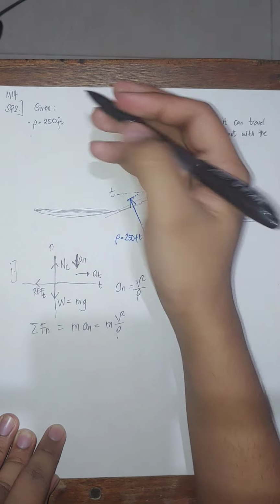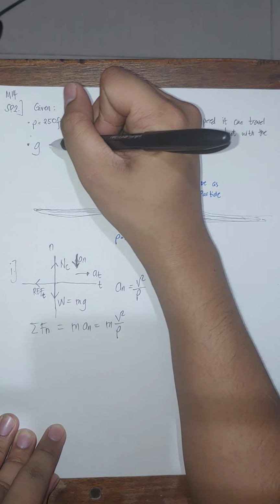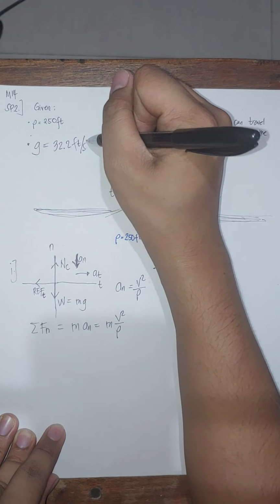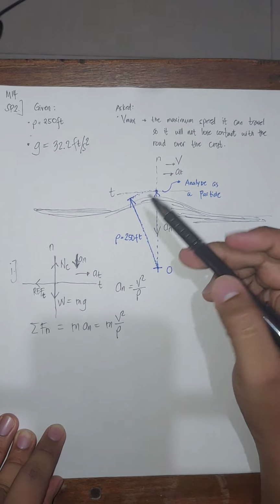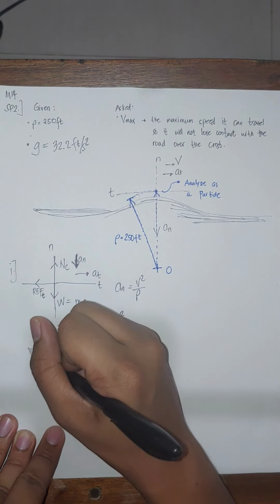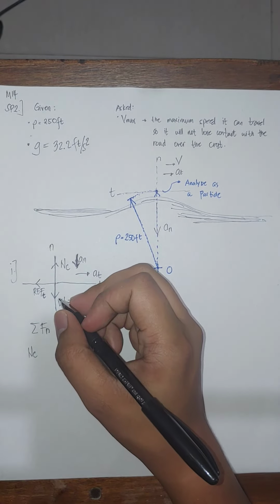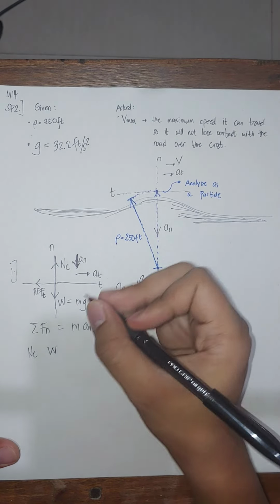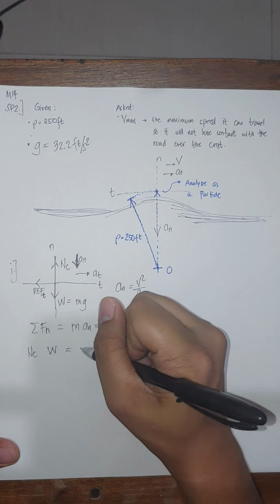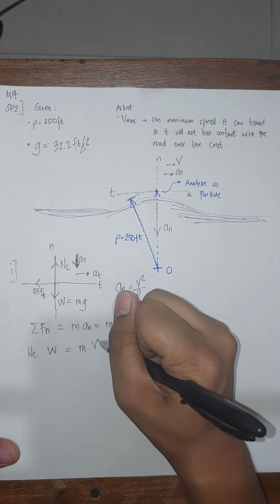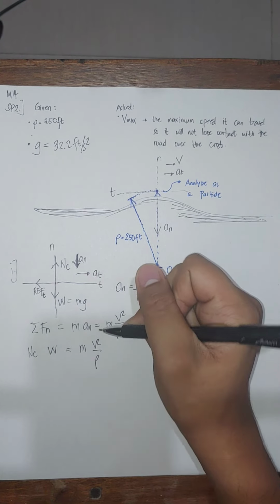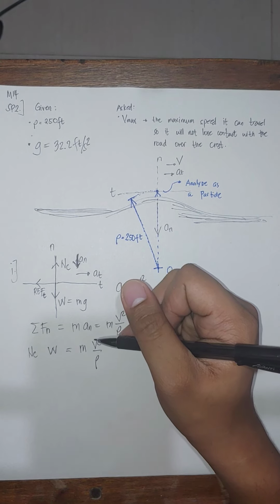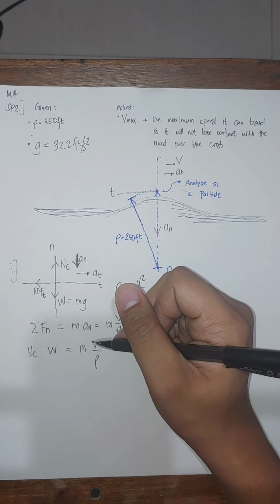Remember, this is in imperial units, so the gravitational acceleration is equal to 32.2 feet per second squared. The forces along n: we have the normal force and the weight of the car, equal to the mass times v squared over rho. What sign notation do we use?